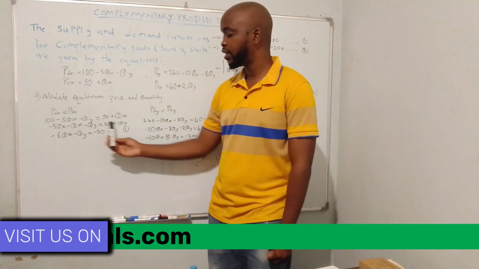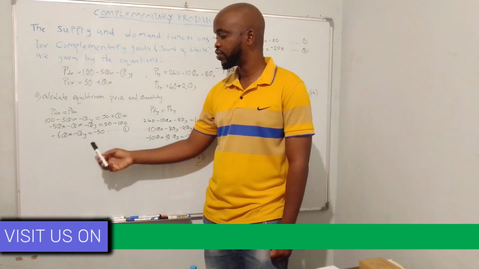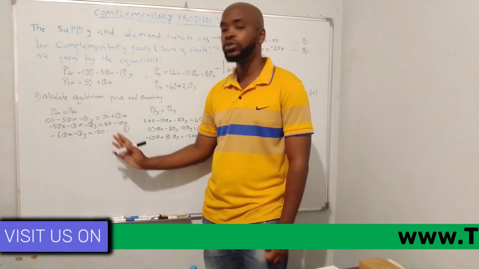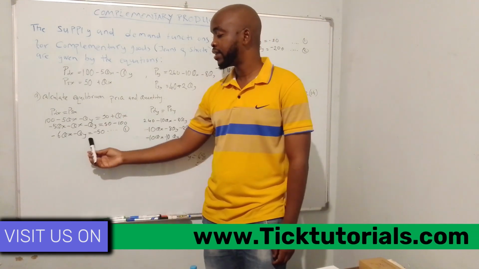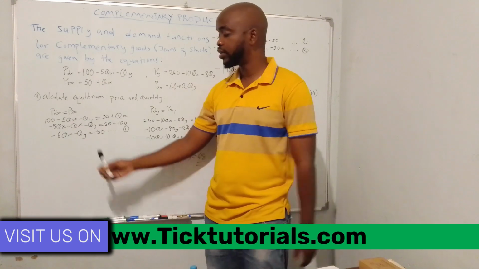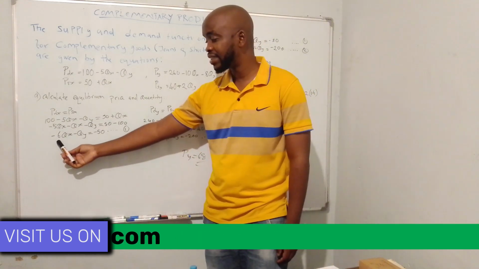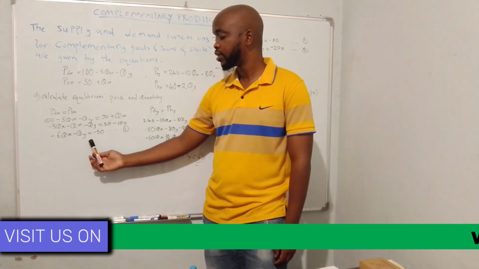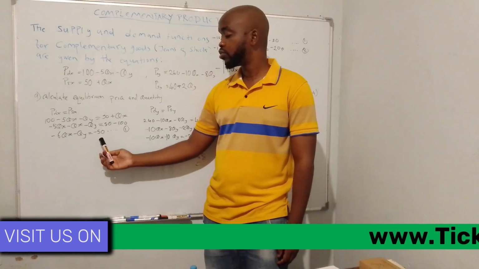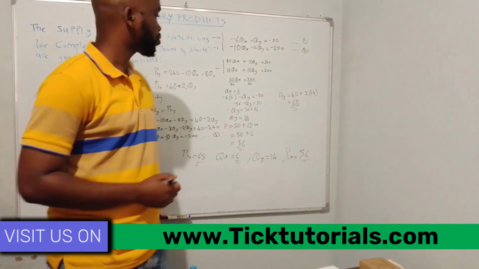So we're going to make an equation out of what we have here, with the variables on the left hand side and the numbers on the right hand side. After we solve, we're going to end up with negative 6qx minus qy equal to negative 50. So that will be our equation 1.